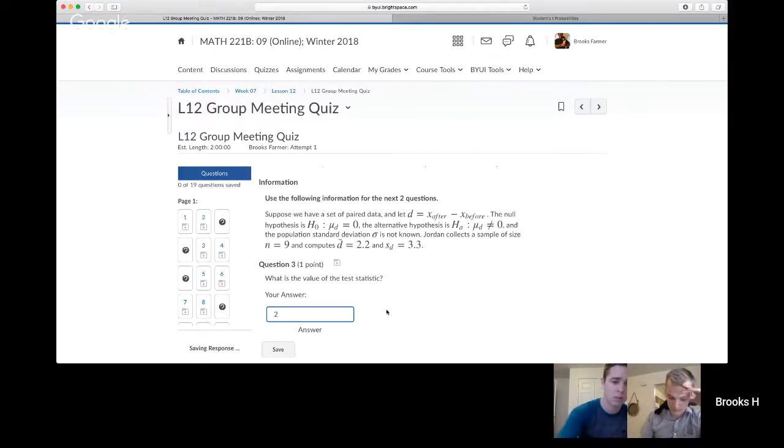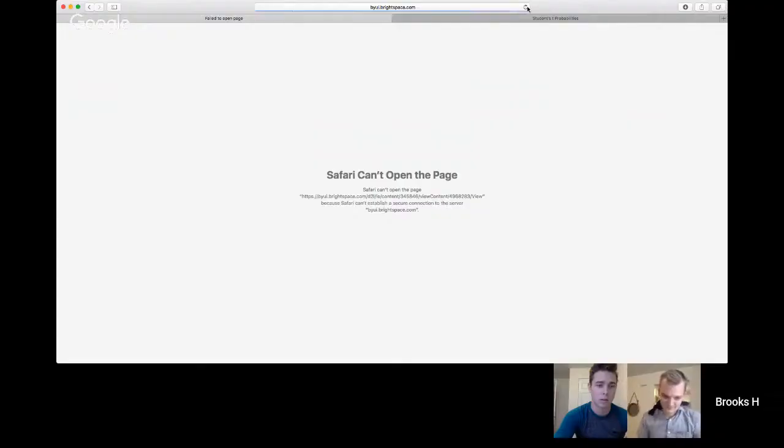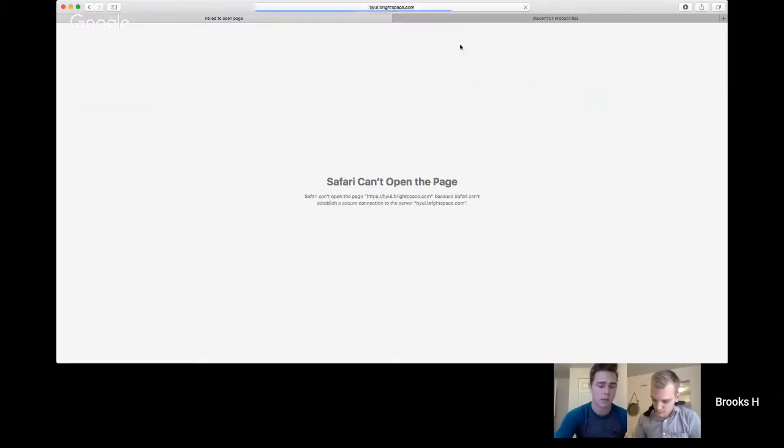My computer's acting funny. I'm gonna see if I need to refresh this. I know it'll get lost, but that's cool. What the heck? Okay, Safari can't open the page. So what was the answer to 4? Hey, Dad. Come here for a sec. It's not opening the page. I can't get access to anything for my test.